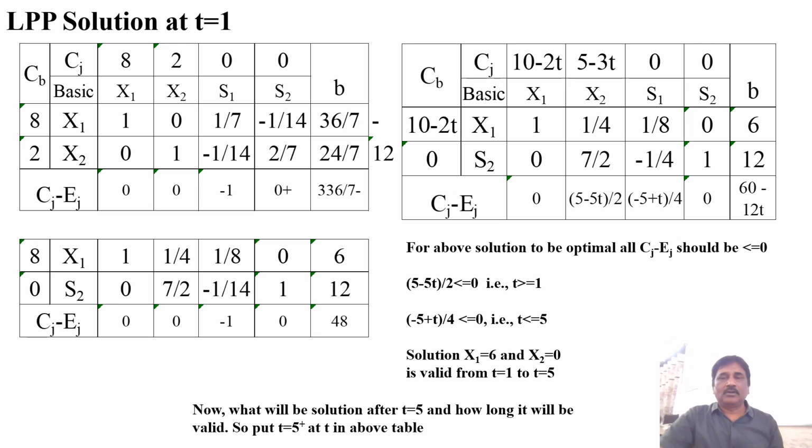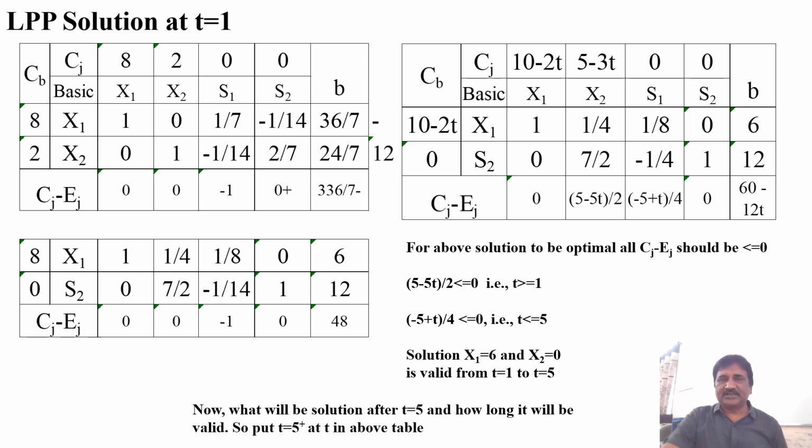All right. Then 24 by 7 divided by 2 by 7 will get you 12. So this is the only positive quantity, and therefore x2 will be the leaving variable, and in place of x2 will enter s2.